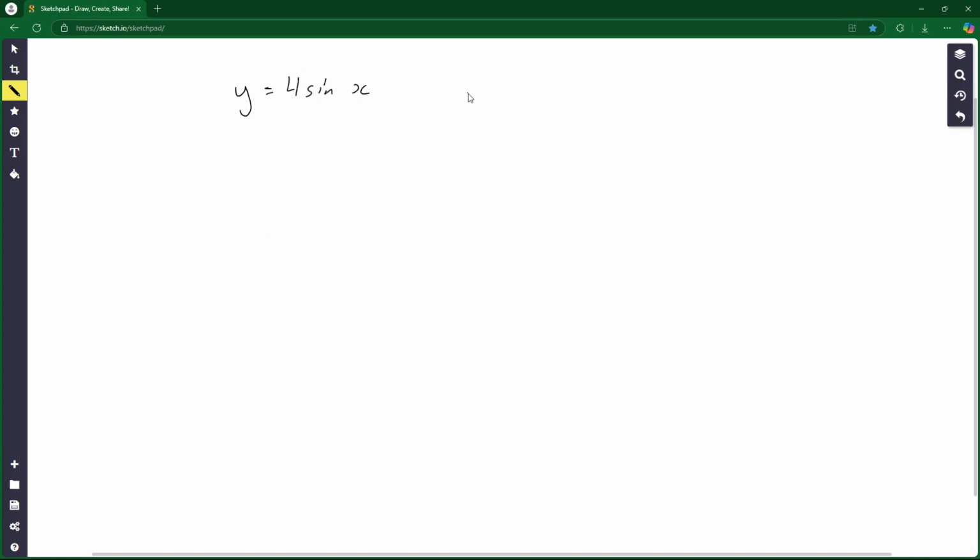So we have our amplitude, which is equal to 4, and our period is just going to equal 2 pi, because the number that's supposed to be here is going to be 1, because, well, there's nothing in front of the x.